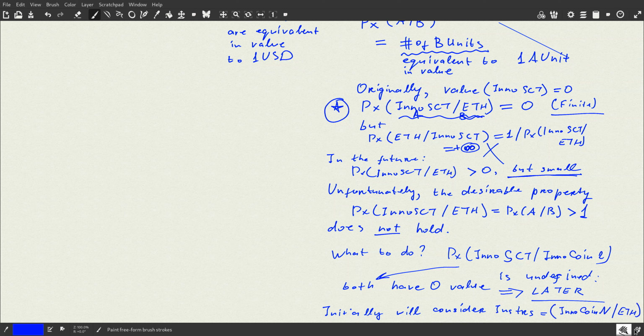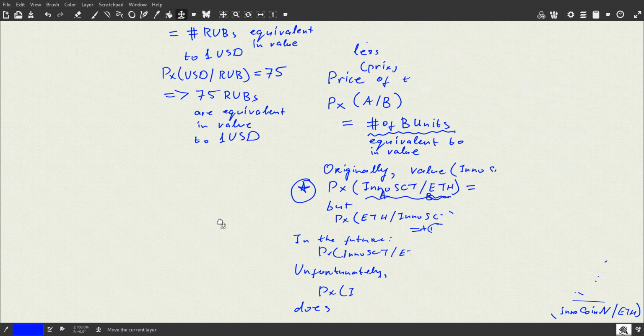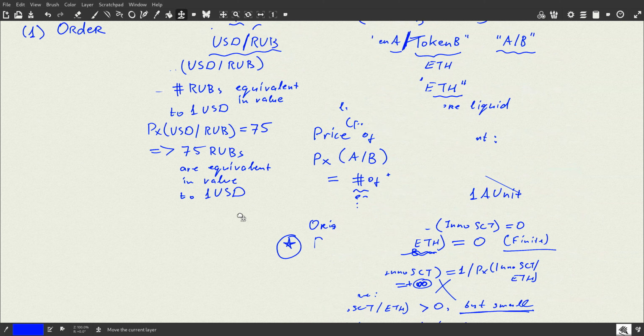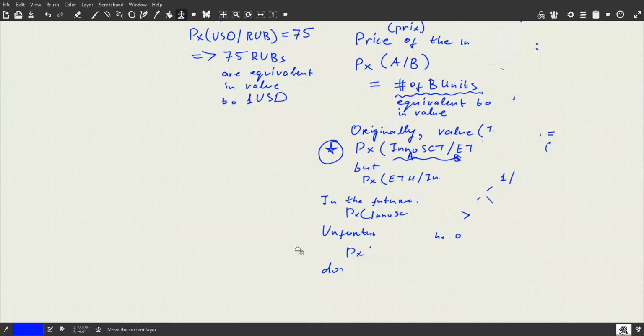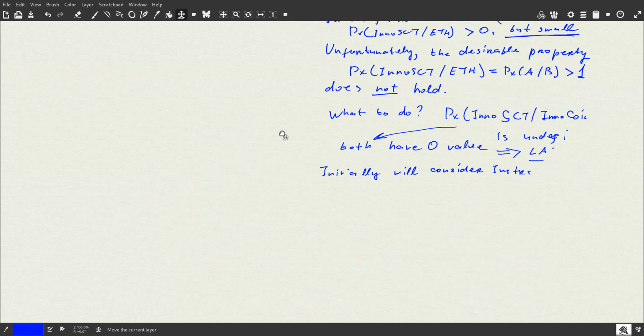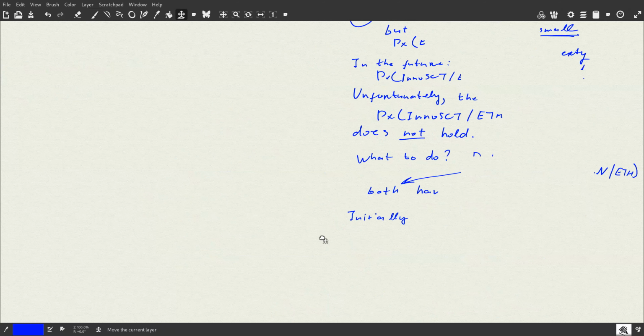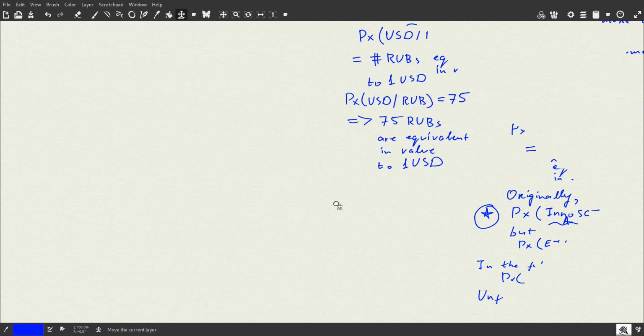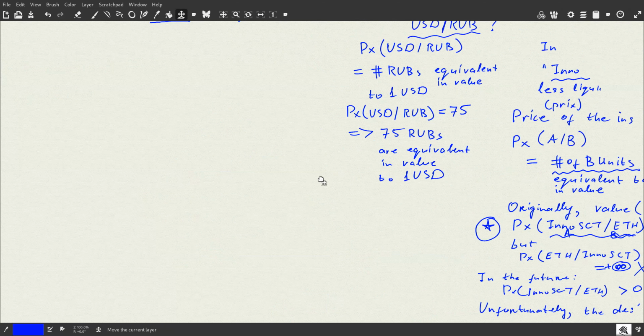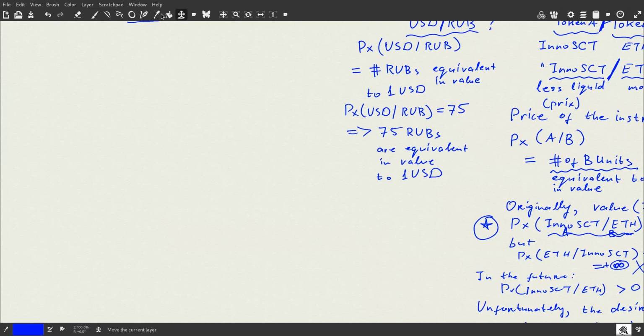Okay, so as we say, any instrument is a pair of two assets, but these are not the only characteristics of the instruments. So apart from that, there are other properties of instruments. So let's discuss which, apart from being a pair. What do you think?